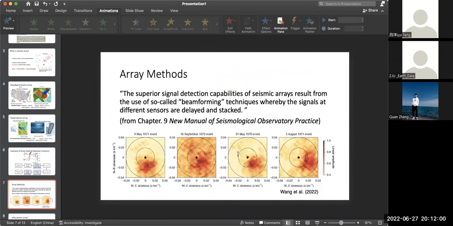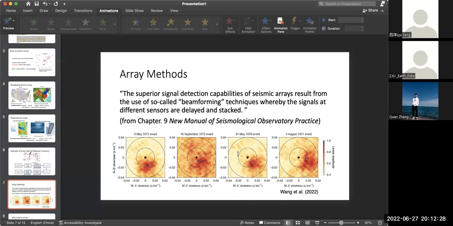Well, another strategy, beamforming, enlarges the capability of detecting the signals from the deep earth. So it is more like a research technique, setting the back projected seismic arrays and finding the maximum value in the spectrum as the most possible point.